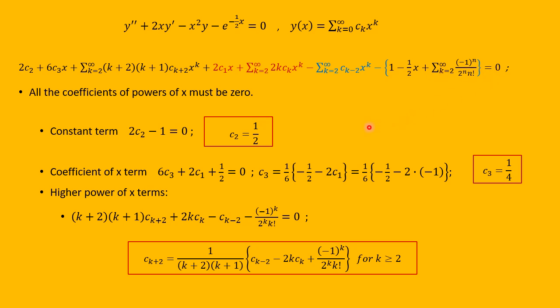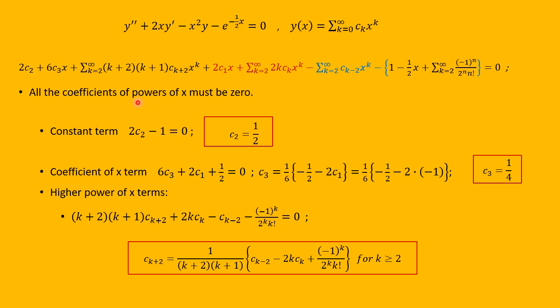Okay, so all the powers of x have to be 0. So if we look at this, the only constant term here is this 2c2 and also minus 1 here. So 2c2 minus 1 equals 0. Solving, we get c sub 2 equals 1/2.